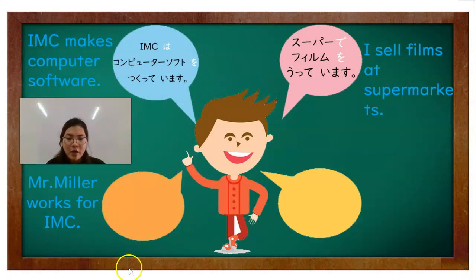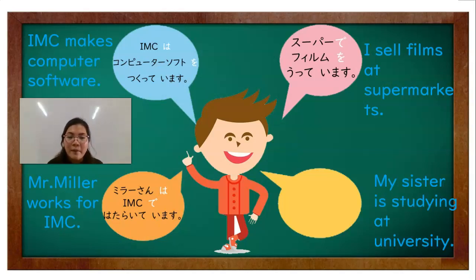Next, Mr. Miller works for IMC. Miraa-san wa IMC de hataraite imasu. Okay? Next, my sister is studying at university. Imouto wa daigaku de benkyou shite imasu.